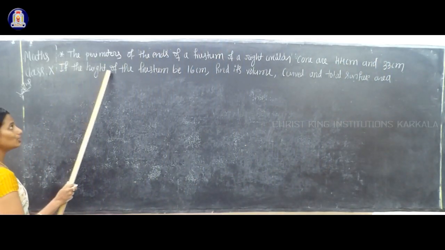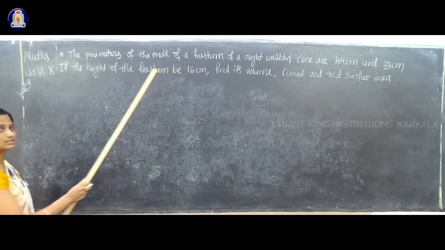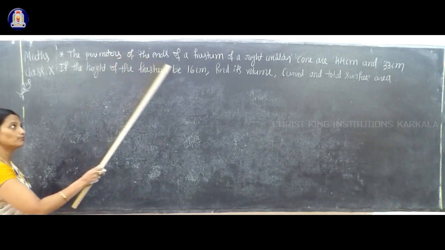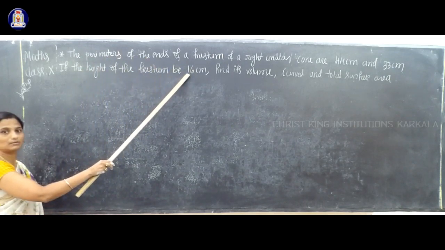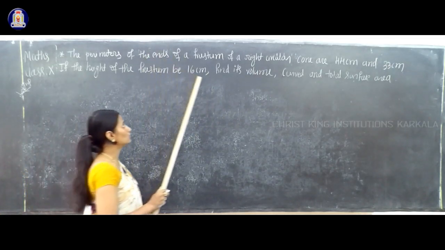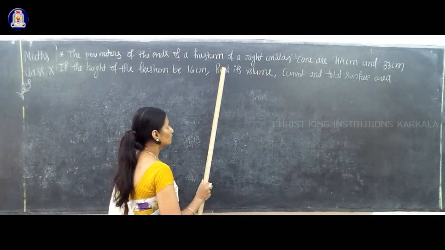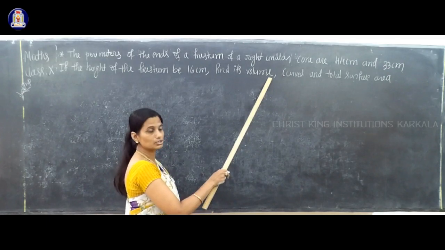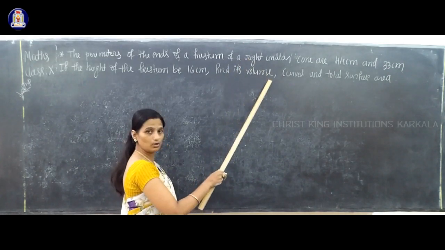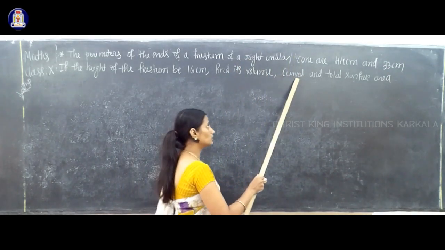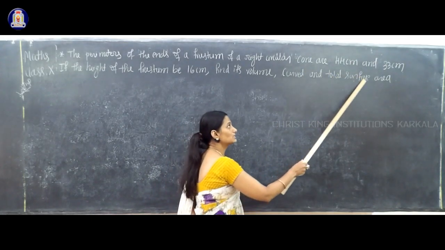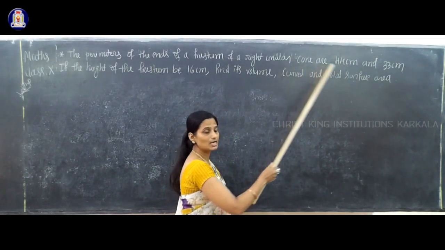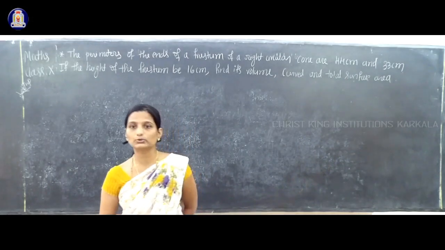If the height of the frustum is 16 centimeter, that means H is equal to 16 centimeter. Find its volume. 3 questions here: find its volume, curved surface area, and total surface area. So total 3 questions.